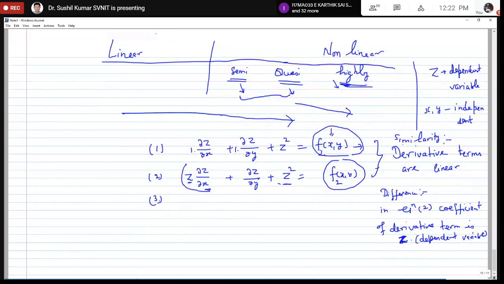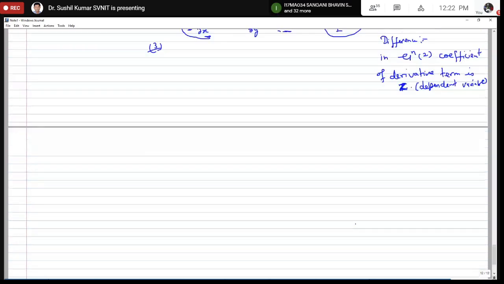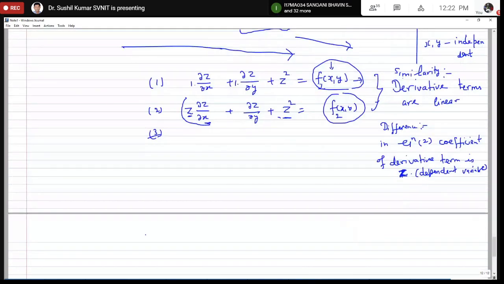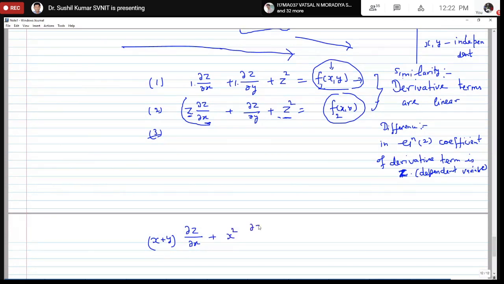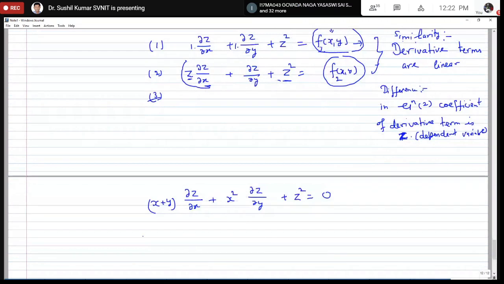Now before adding the third equation, let me extend these two equations to make it more clear. I'm writing x plus y del z over del x plus x square del z over del y plus z square, and let's say that is 0 here, because this free term will not have any effect on this equation.